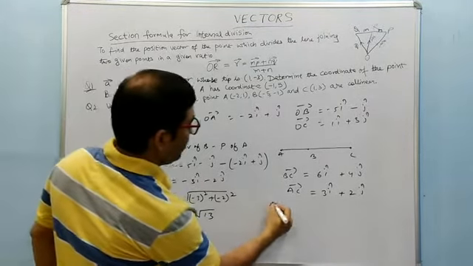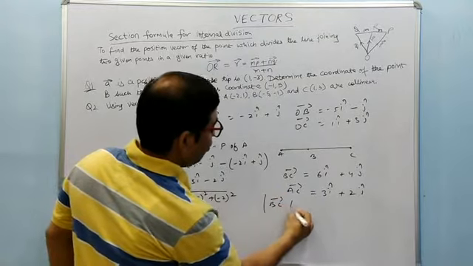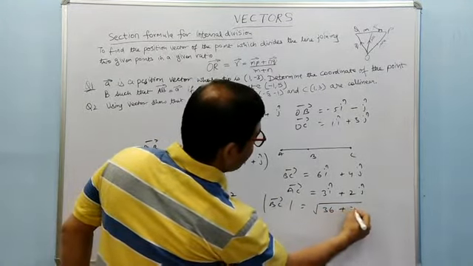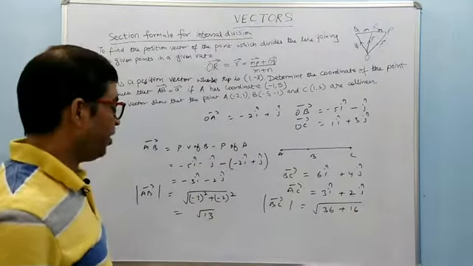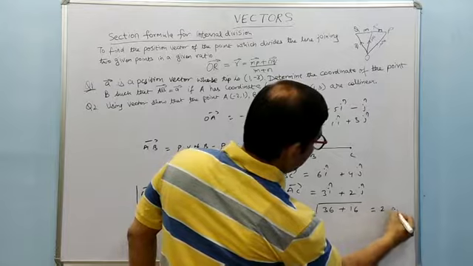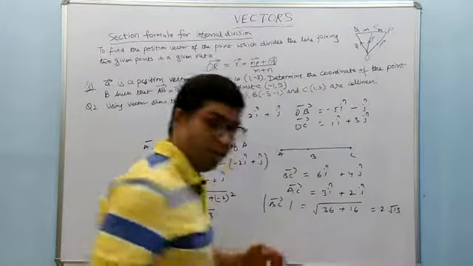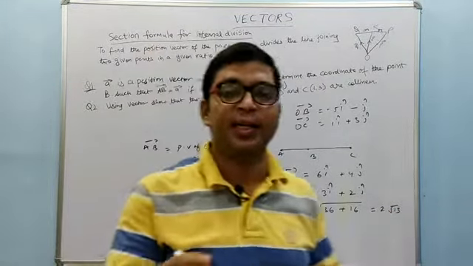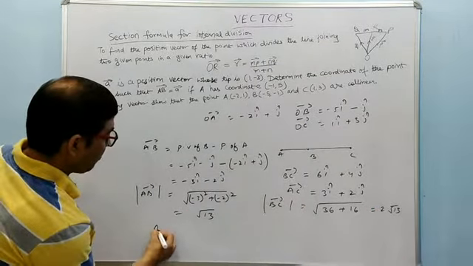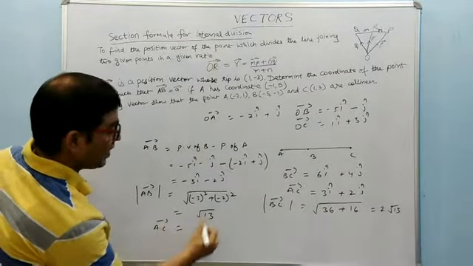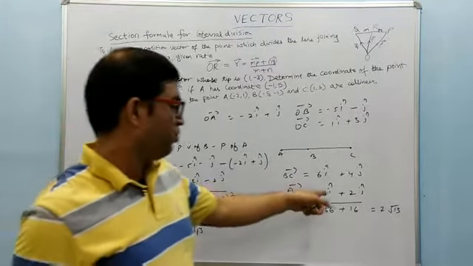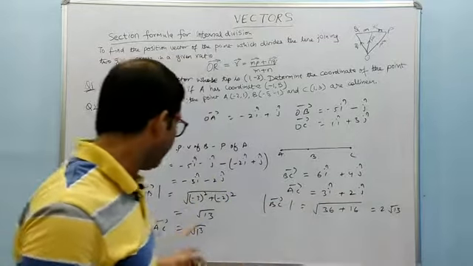Vector BC modulus can be found like this: 6 square, that is 36, plus 16, that is coming out to be 52. 52 is 2 root 13. Why? Because 52 can be written as 13 into 4, so 2 root 13. And vector AC, same way, is coming out to be root under 13. You can find AC: 3 square plus 2 square, 9 plus 4, root under 13.